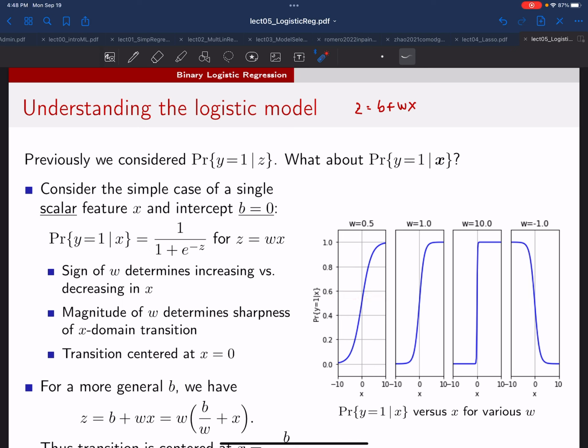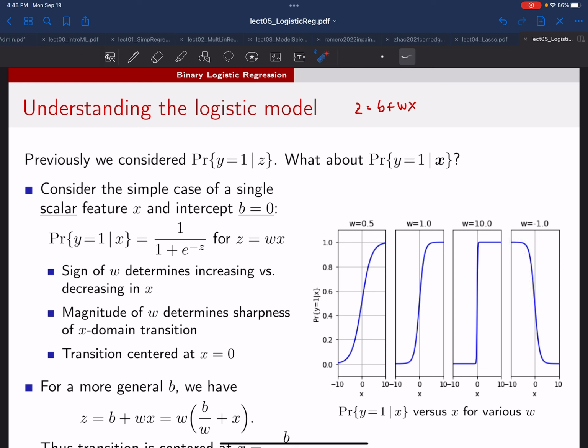On the other hand, what if w is 10? Now very small changes in x have a big effect on z, so we get a very sharp transition. It still has a sigmoid shape, but the transition is very sharp. Finally, what if I make w minus 1? Now I'm just changing the sign on w, and you can see the transition has changed direction.